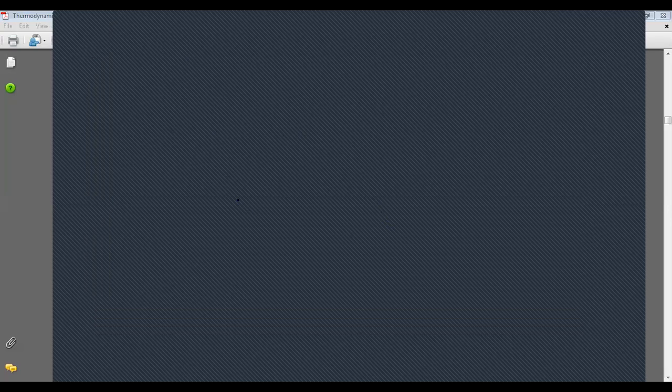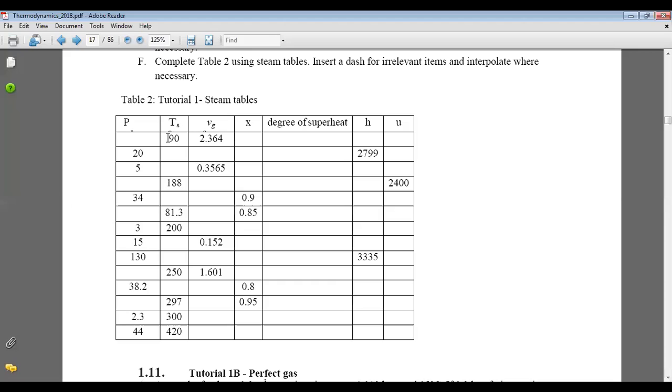So you can really check what this means. Example, let's say temperature 90, you have Vg 2.364. So you can go to the CoolPack, or even you can go to the Rogers and Mayhew.